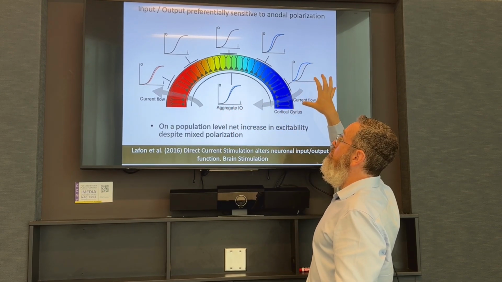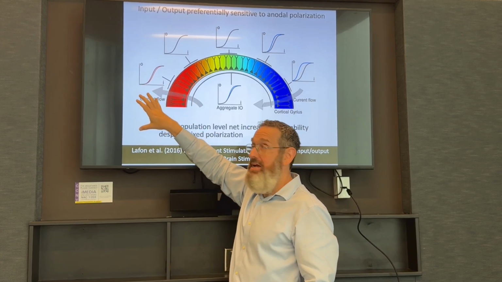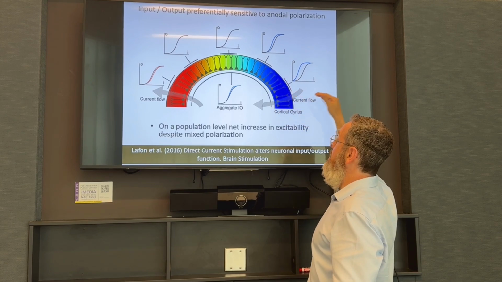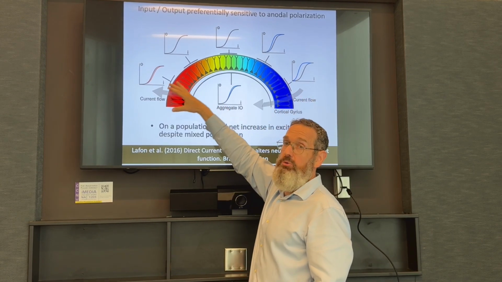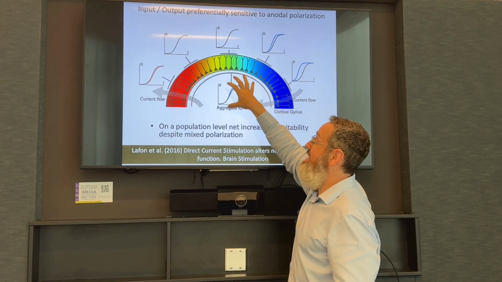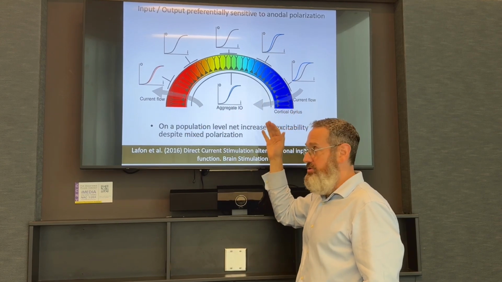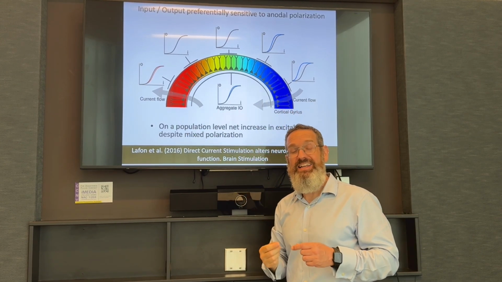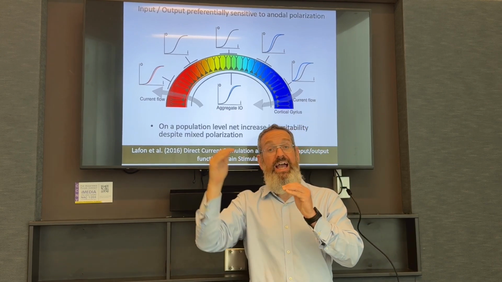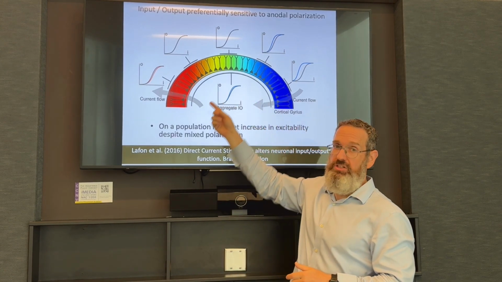I get more boost here than I get suppression here. And so even if things are entirely even, and I have 50% area of inward and 50% area of outward, the net effect is an overall increase in the input-output of this brain region. And that was demonstrated. So it is not a zero-sum game. Even if I have a piece of brain and it's half inward, half outward, I will see a net change in excitability.